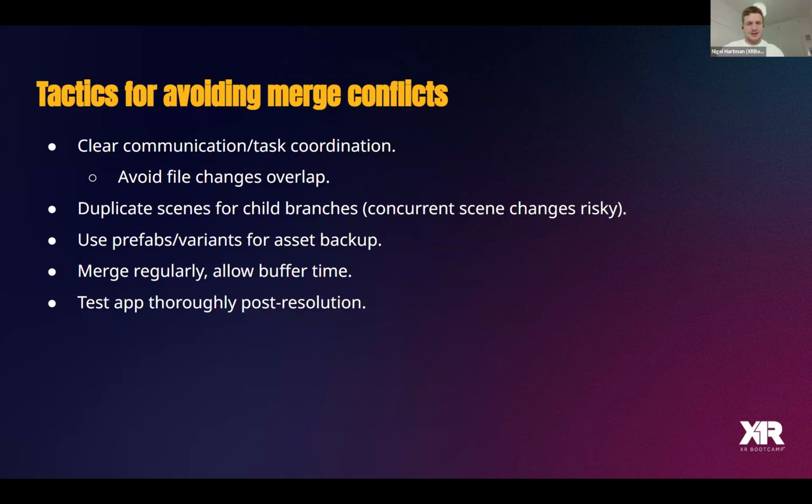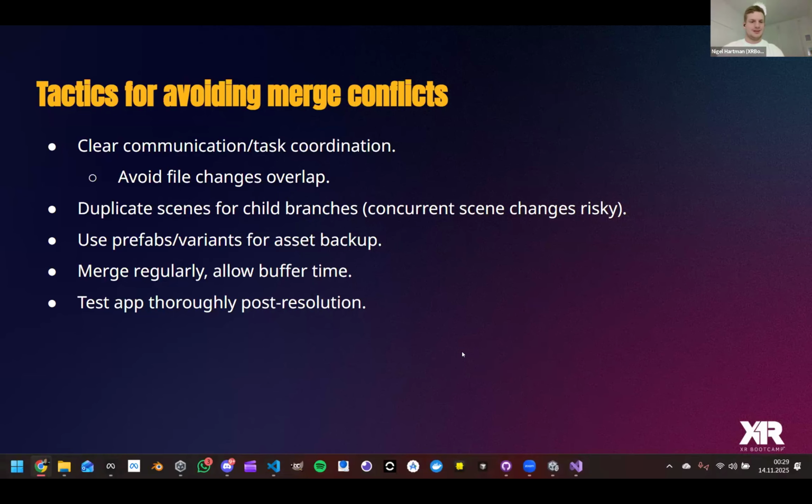An alternative would be to have one scene with fixed prefabs in it, and then everyone is just working on a different prefab of objects for that scene. That's also a common way of working on the same scene at the same time without really touching the scene. And yeah, just try to merge regularly and avoid any of these merge conflicts.